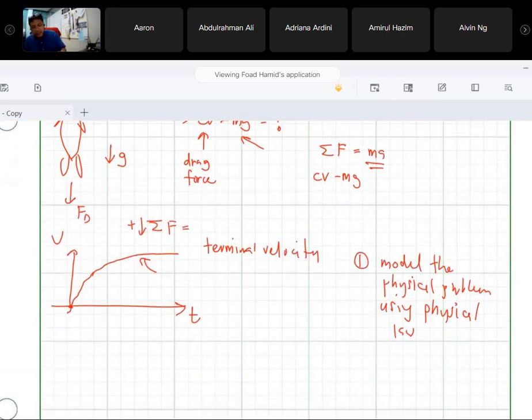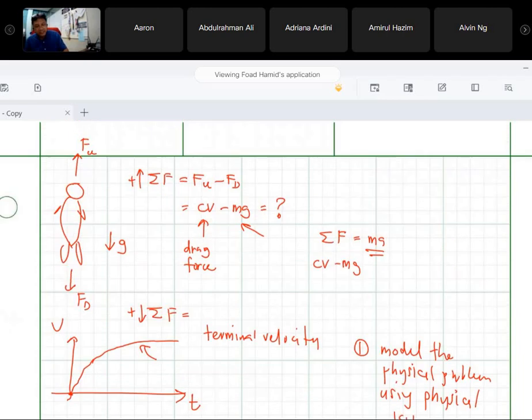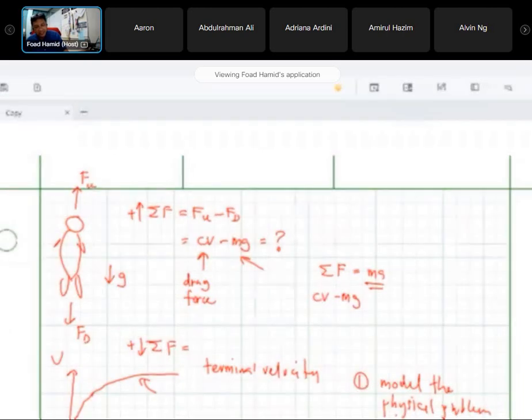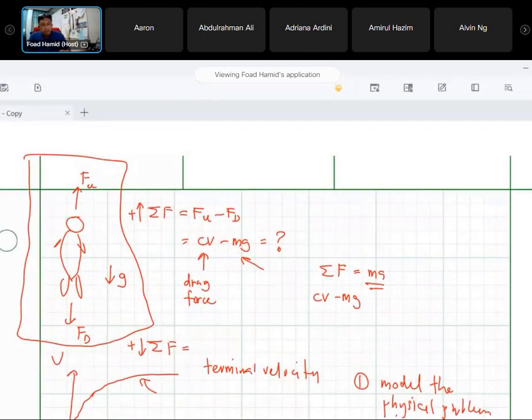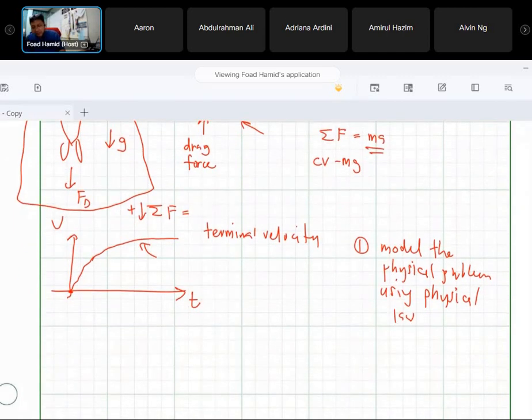In this case, this is the physical problem. And what we did was we drew the free body diagram, and we use the appropriate physical law. Second, from part 1, get the governing equation.